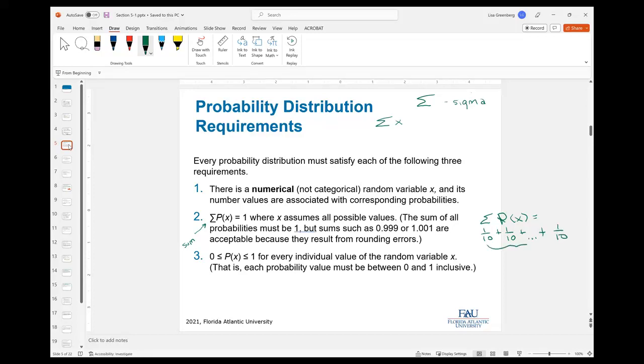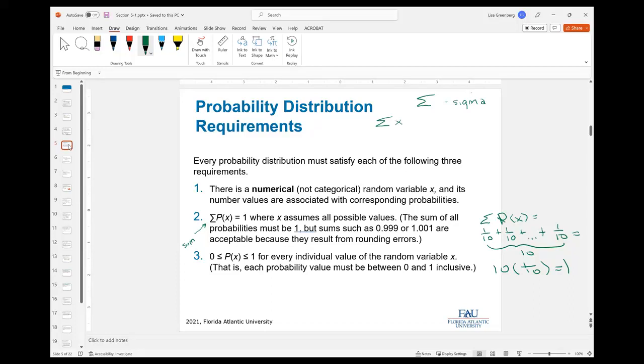And there are 10 of these, because we're going to add each one, and there were 10 balls. We add all these up. That is the same as saying 10 times 1/10, which equals 1. So there we have number 2.